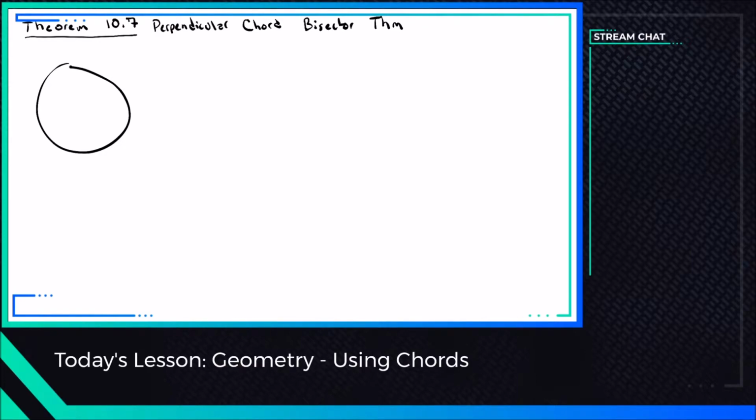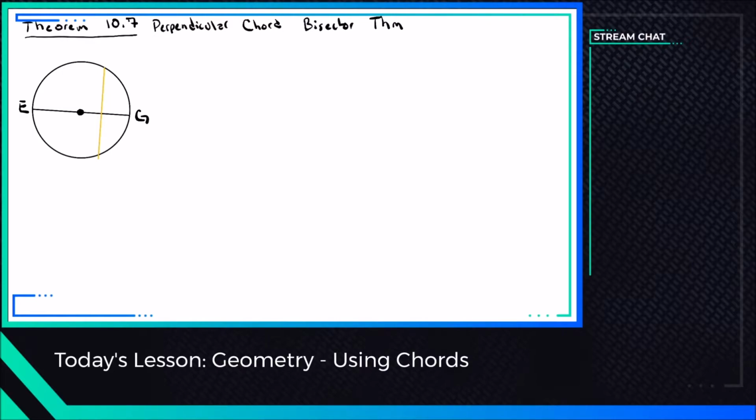So if we have a circle here, and then we're going to draw in the diameter of this circle, just like so. And to be the diameter, it has to go through the center of the circle. And let's call this diameter EG. Now let's say we have a chord that runs perpendicularly to this diameter.